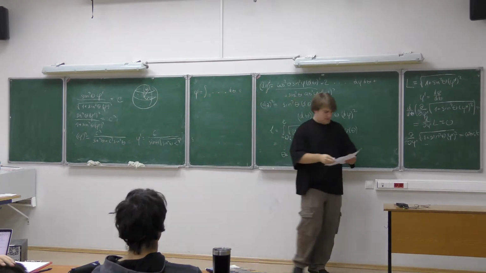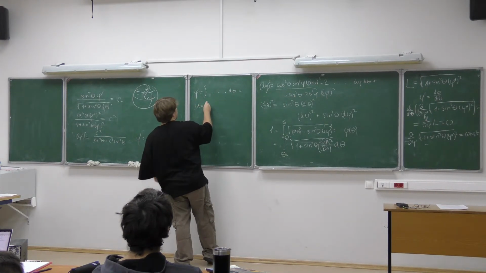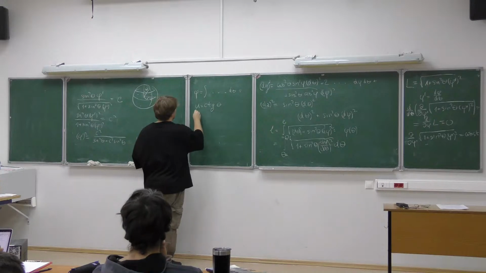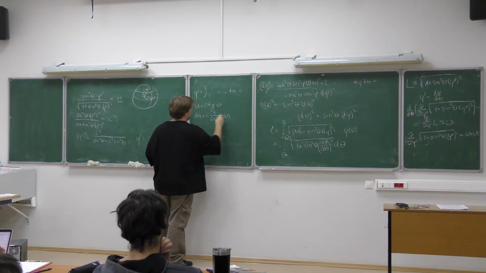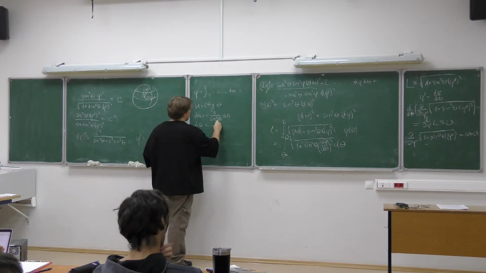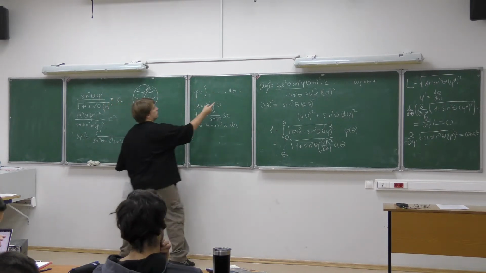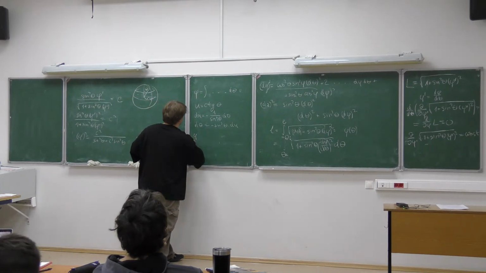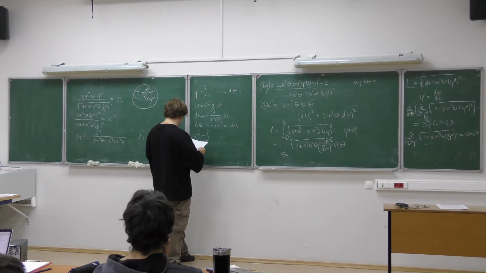To integrate it, we need a change of coordinates. Let's take some variable u to be cotangent of theta, then du is minus 1 over sine squared theta d theta. Put it here, and we have phi equal to minus c.